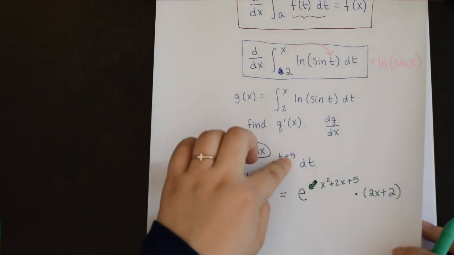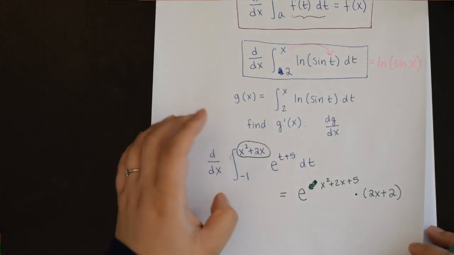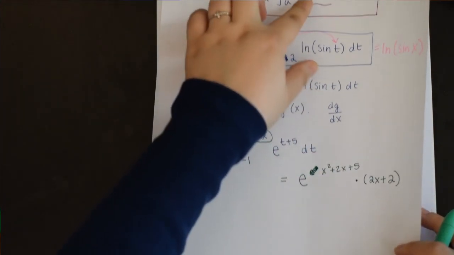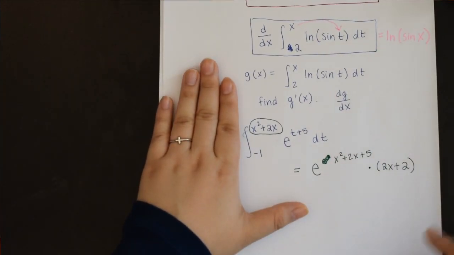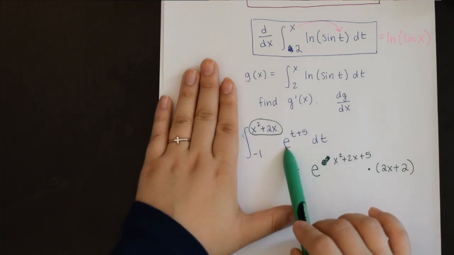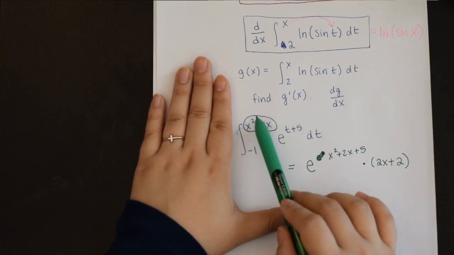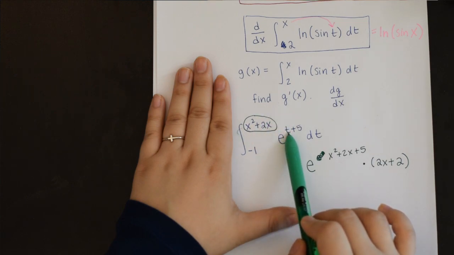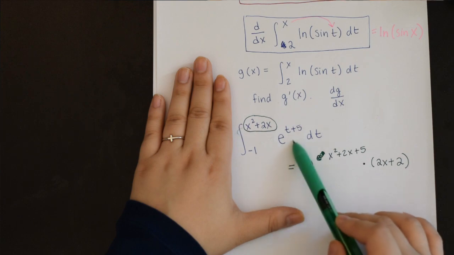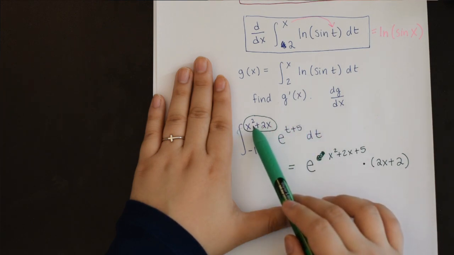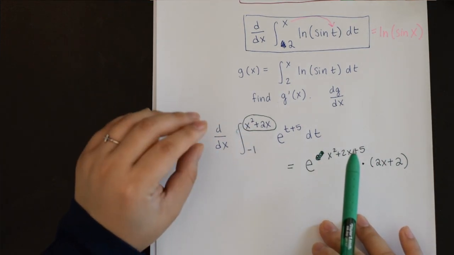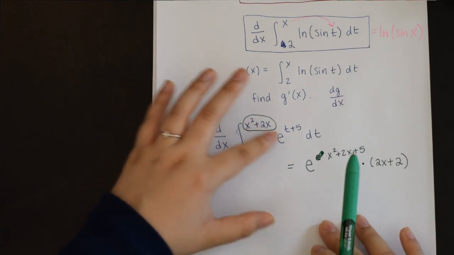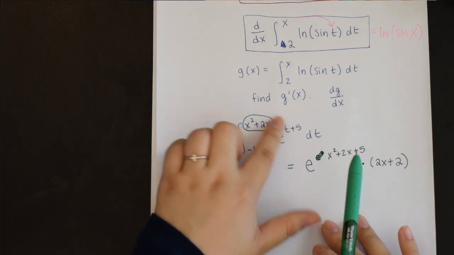And so you plug that into here, and it's basically because if we were thinking back at our step-by-step logic for this, if I were to just do the integral, I would find this integral, in this case I can, and then I would plug in x squared plus 2x into all of the t's, and then minus, and then plug in -1 for all of the t's, but I would have stuff with x in it, right? And then I take the derivative.